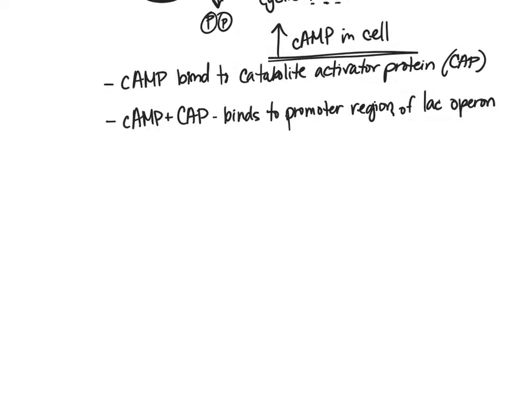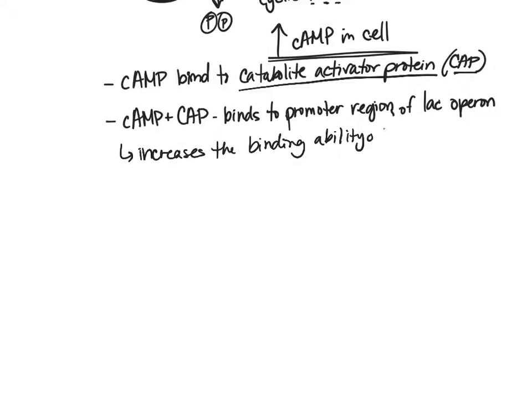It does. It binds to our catabolite activator protein, or CAP. When we have the cAMP plus CAP complex, this is going to bind to the promoter region of that Lac Operon. And then what this does is it increases the binding ability of RNA polymerase. So then this is going to initiate transcription.